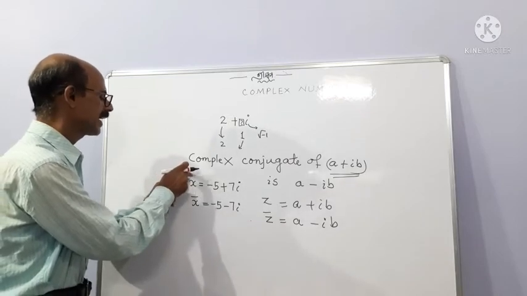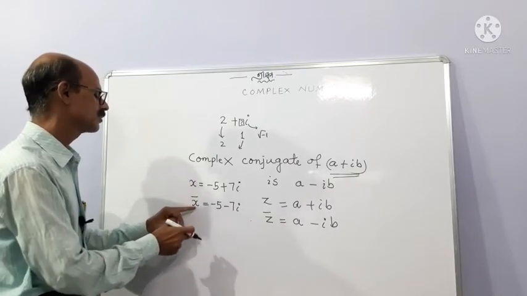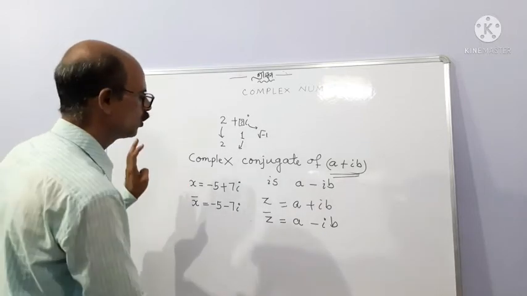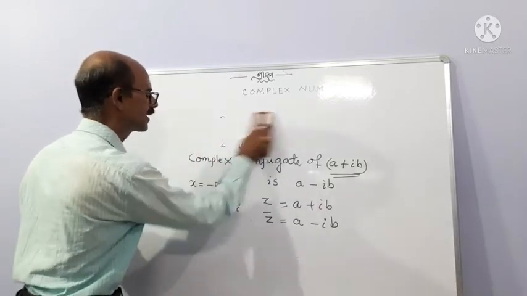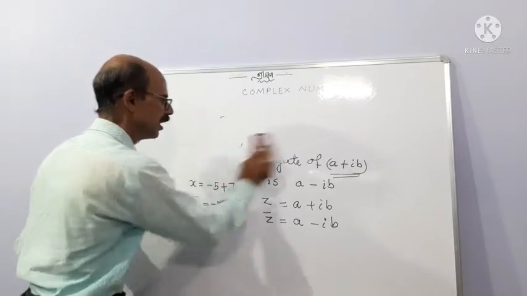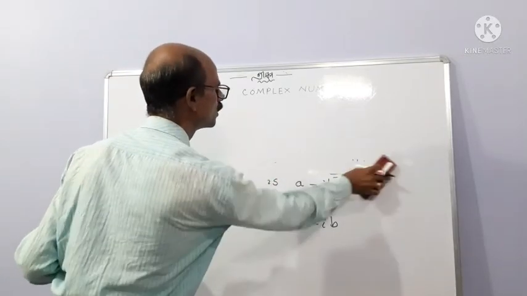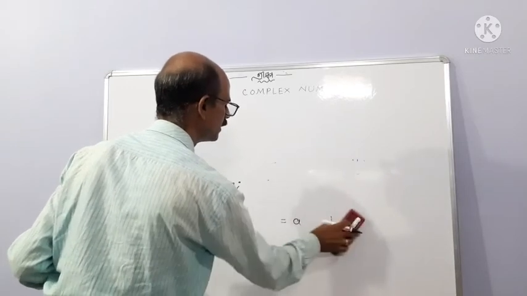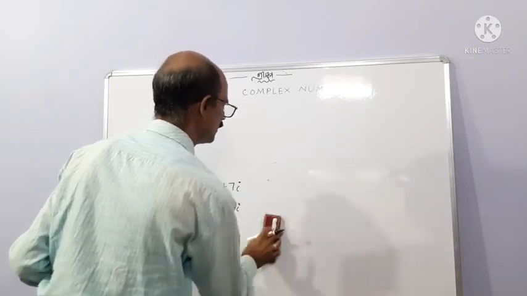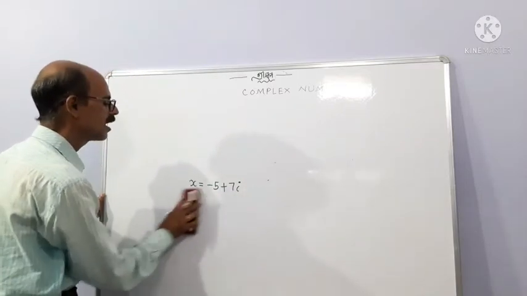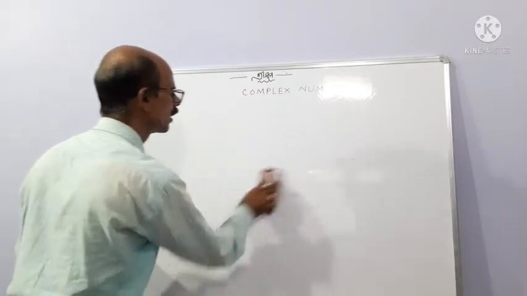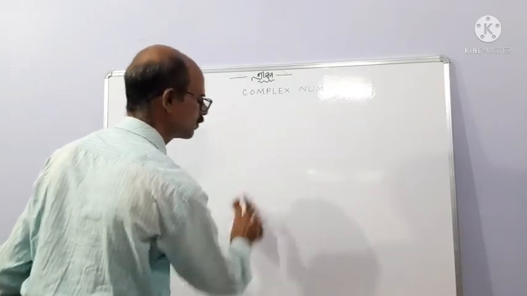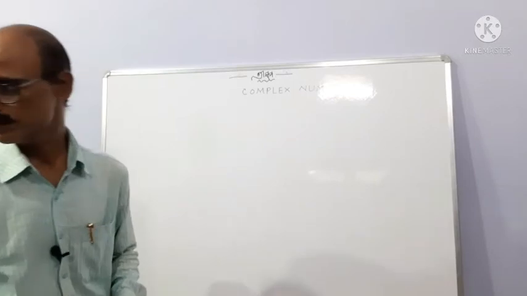The complex conjugate of x is x bar and the complex conjugate of x bar is x. All these will be useful later on. It is a very large chapter of +3 physics. It comes under mathematical physics.